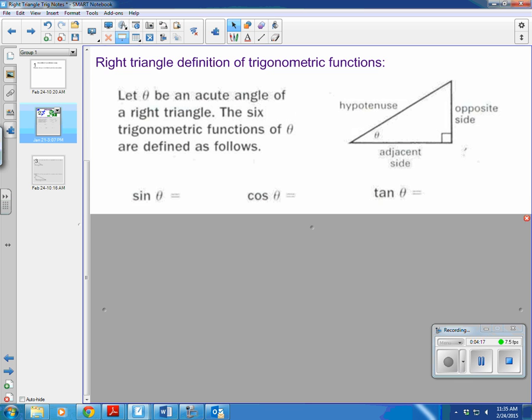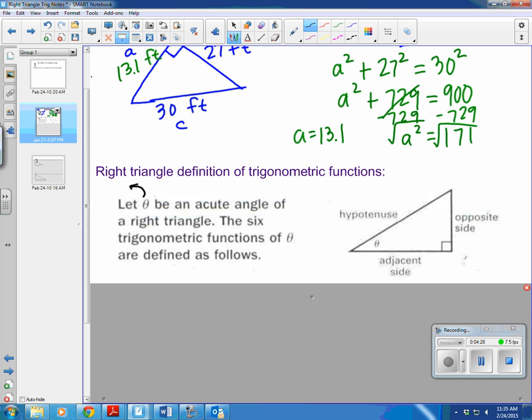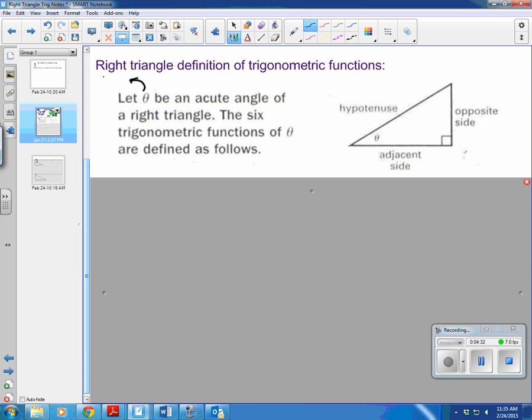And that little oval with the line through it is called theta. Theta. Yeah, it's like a zero with a line through it.